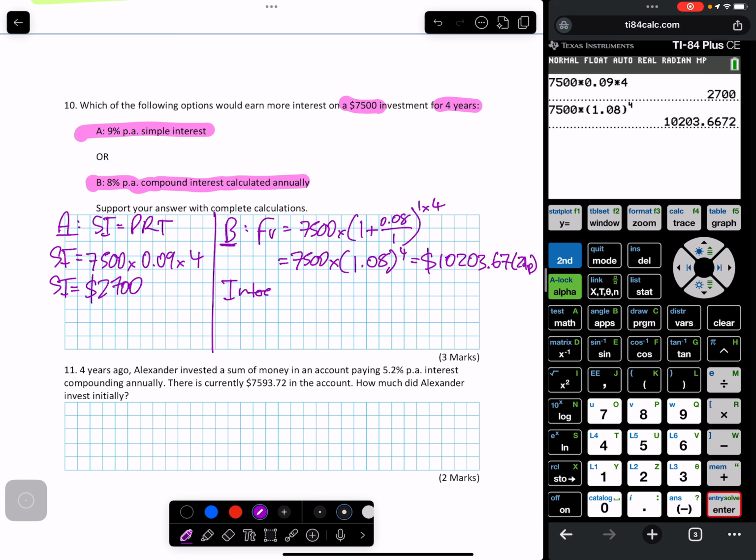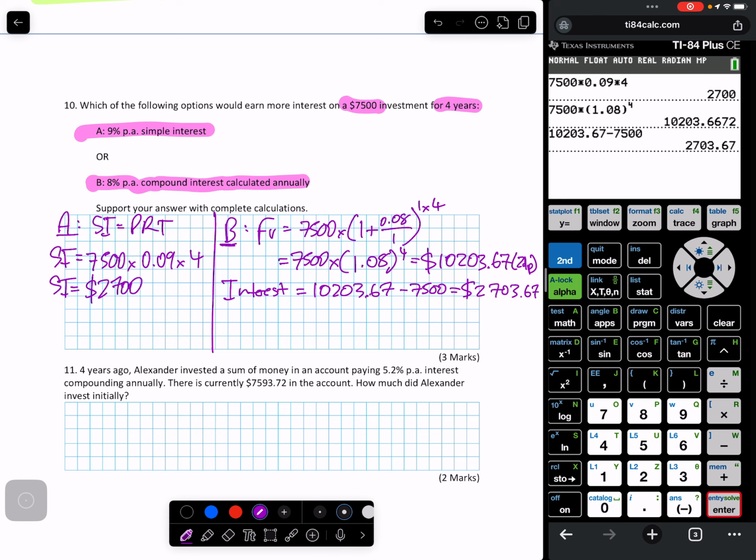So how much interest was that? Interest was 10203.67 minus 7,500. That was 2703.67 interest.